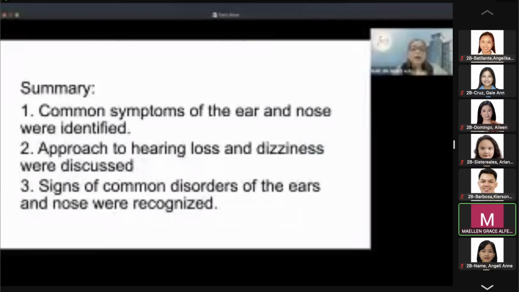Okay, so in summary, we have discussed the common symptoms of the ear and the nose, and we also went through the approach to hearing loss and dizziness, so the algorithm on hearing loss and dizziness, and also we looked at the signs of common disorders of the ears and nose.